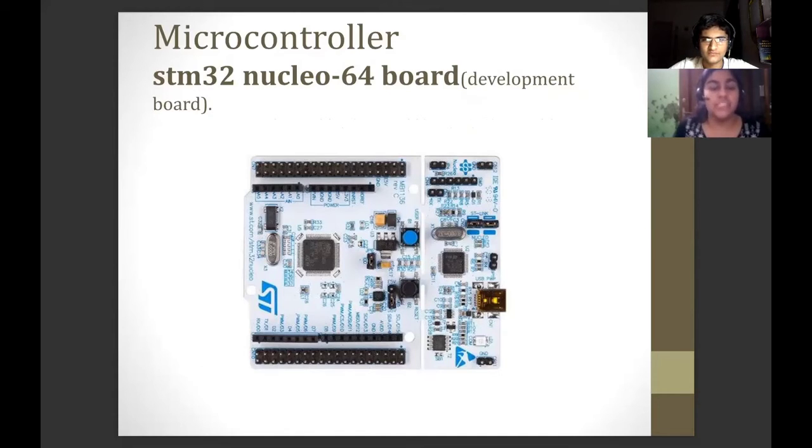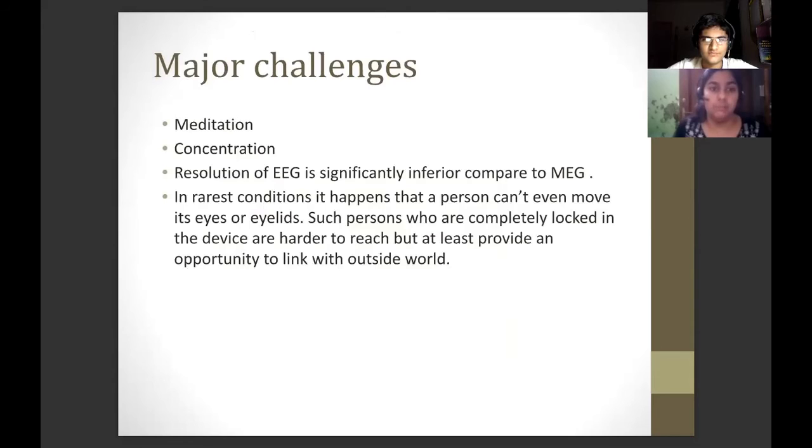Now, there are many challenges faced when we work on this, but the major ones are meditation, concentration, and the resolution of EEG, which is significantly inferior compared to MEG. Now, in the rarest state, when a person cannot even move their eye or eyelid, at least it can provide a link with the outside world.